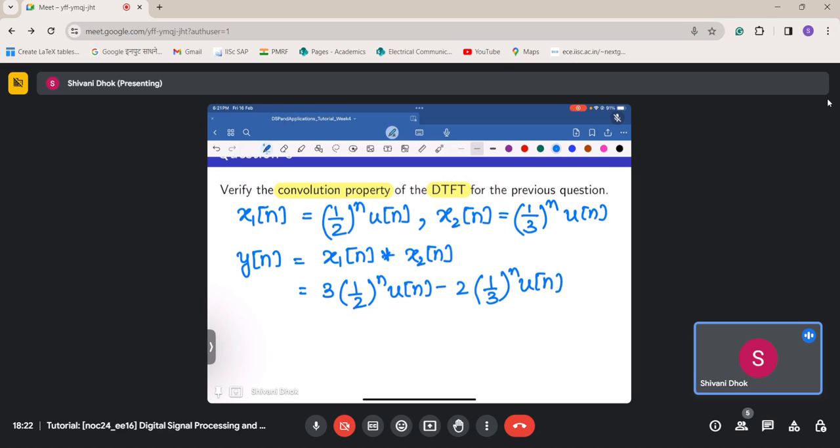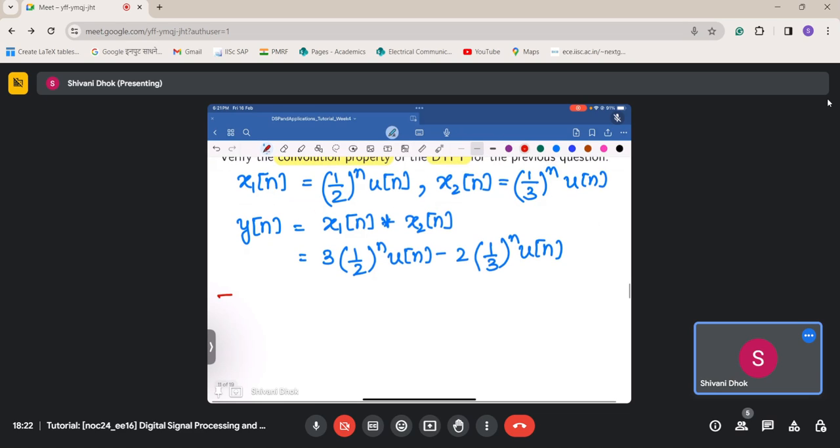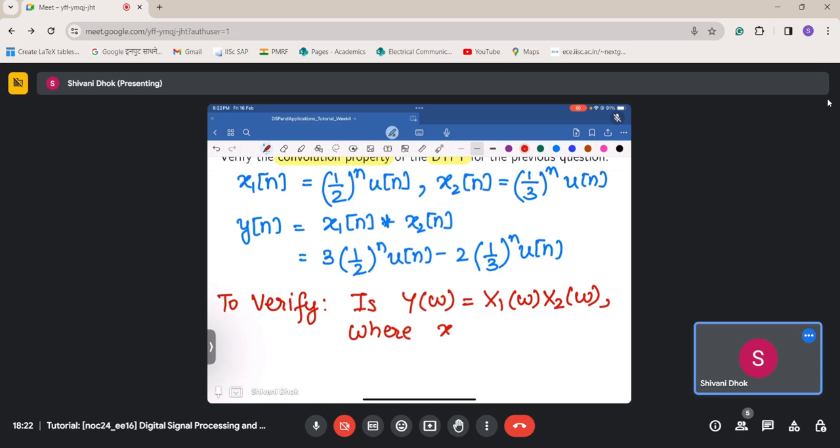Okay, so what do we need to verify? To verify is Y of omega equal to X1 of omega into X2 of omega, where x1 of n has a DTFT X1 of omega, x2 of n has a DTFT X2 of omega, and y of n has a DTFT Y of omega.